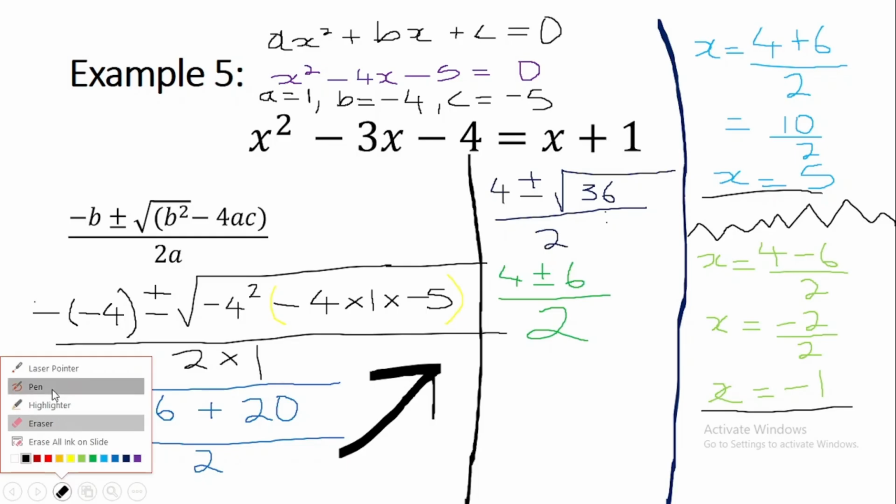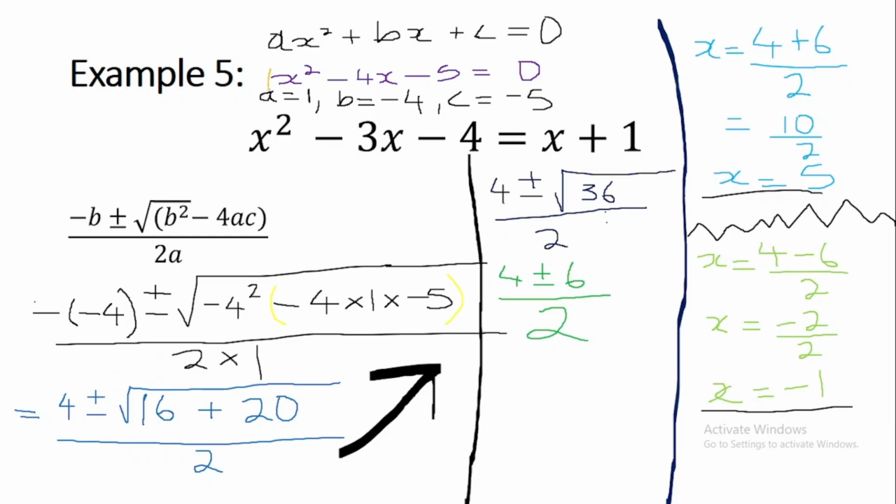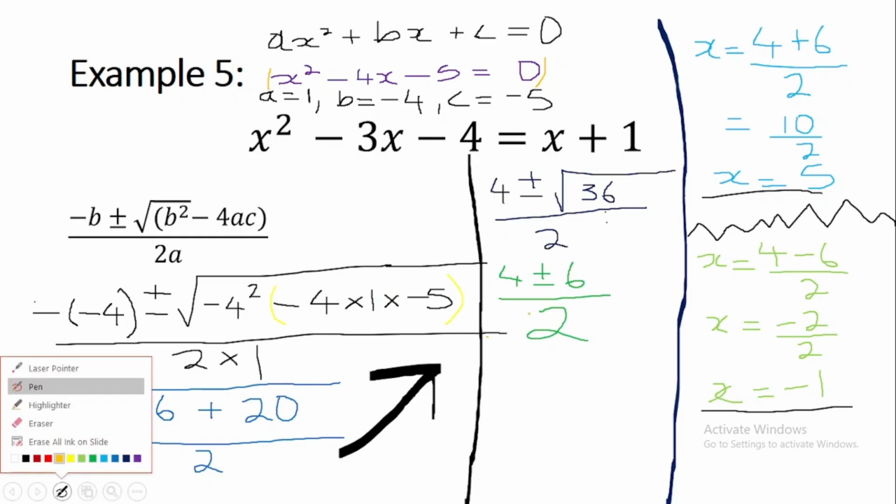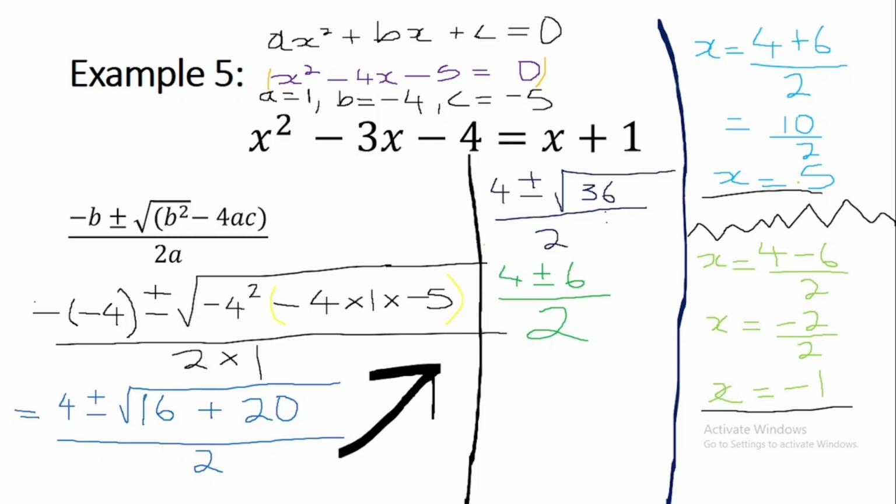So we could have our new equation, x squared minus 4x minus 8, where we could easily see the coefficient for our x squared term, the coefficient for our x term, which is our b, and our constant. We had to do that in order to solve this equation using the formula. Alright, and by using the formula, we easily got our answer, where x is equal to 5 and also x is equal to negative 1.